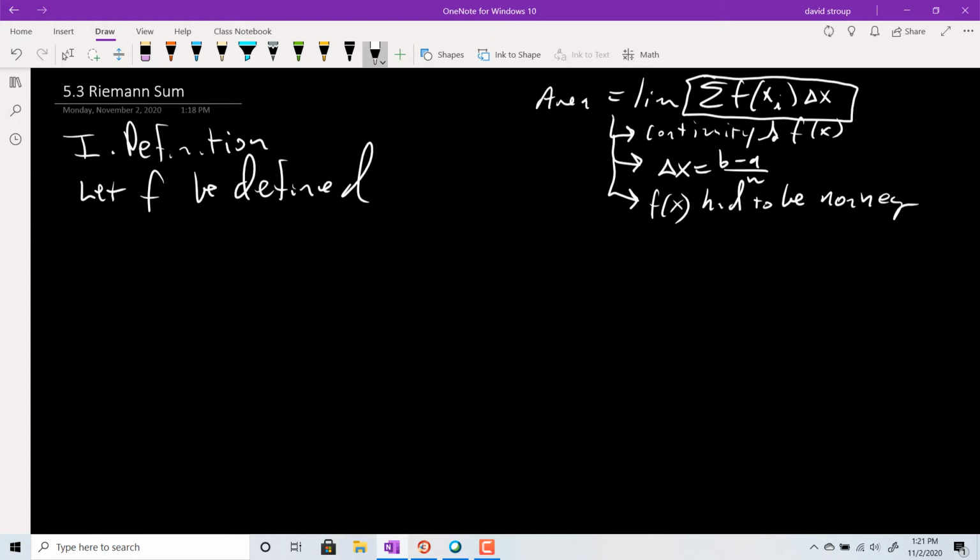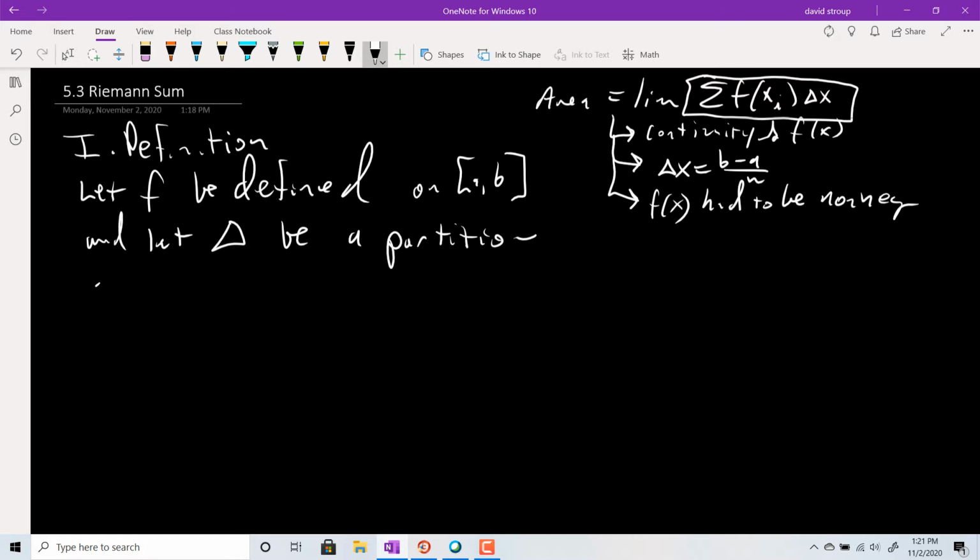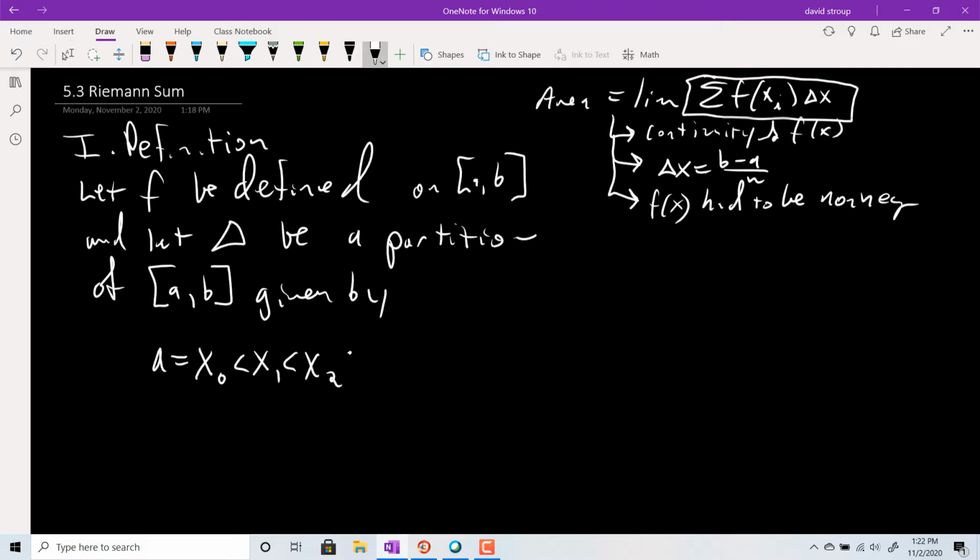Okay, so let f be defined on the closed interval from a to b, and let delta be a partition of the closed interval from a to b, given by, in this case, a equals x sub 0 less than x sub 1 less than x sub 2, blah, blah, blah, x sub n minus 1 less than x sub n, which equals b.